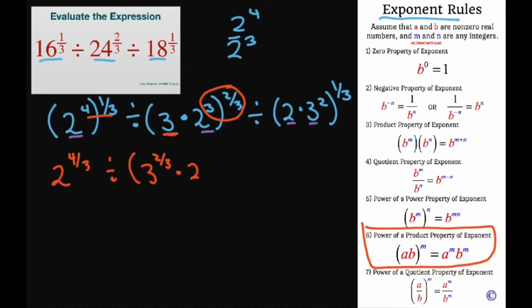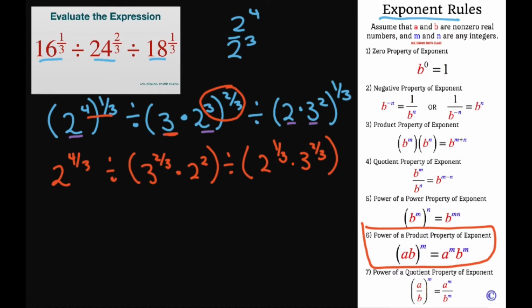So you're just going to get 2 squared. And then for this piece, we're going to get 2 to the power of 1/3 times 3 to the power of 2/3.